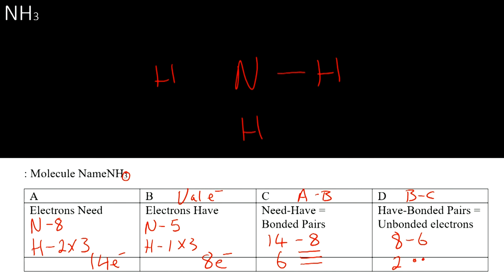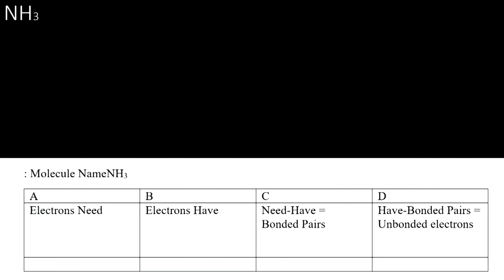We'll fill in our bonded pairs of electrons, and then our unbonded pair on the central atom will satisfy the octet rule. Each atom in this molecule has their full set of electrons to be chemically stable. So that's a molecule of ammonia.